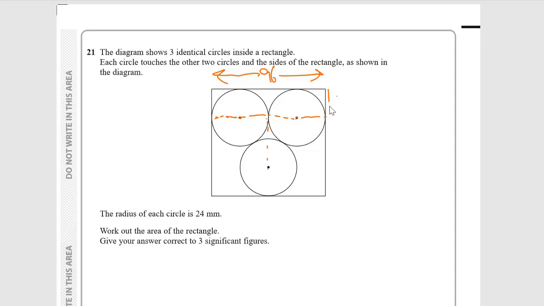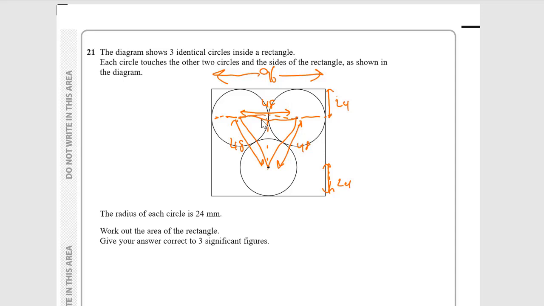We know that between there and this is going to be 24, and coming up to this, from that point there to there is 24. So we have a triangle which is going to be in there. It's an equilateral triangle, so we know that this is 48, this is 48, and this is 48.